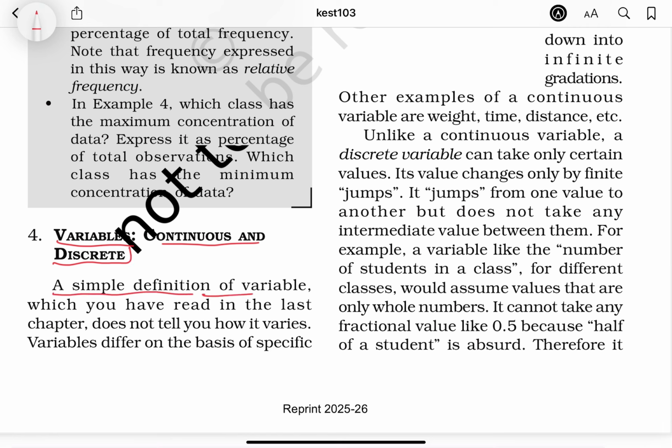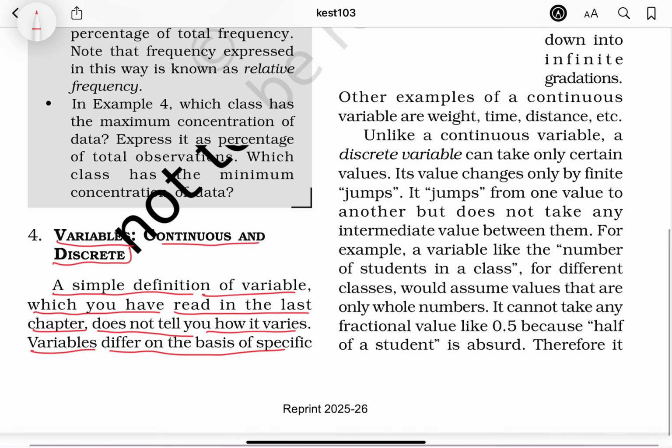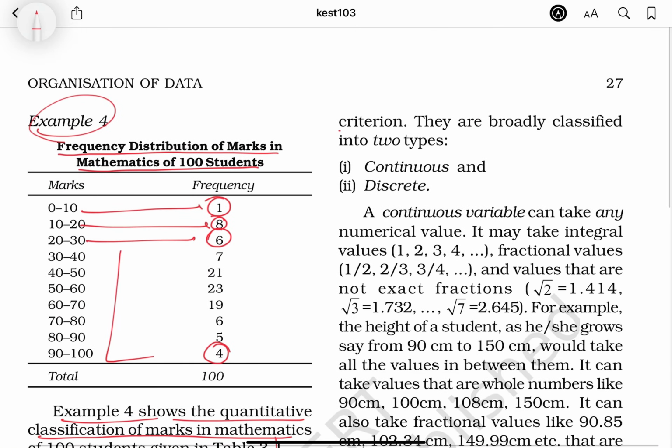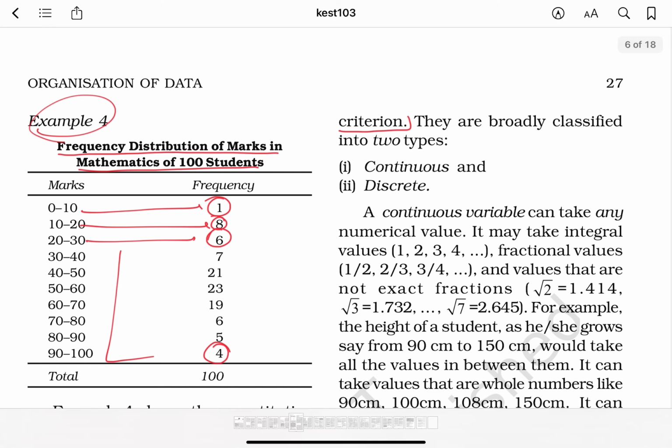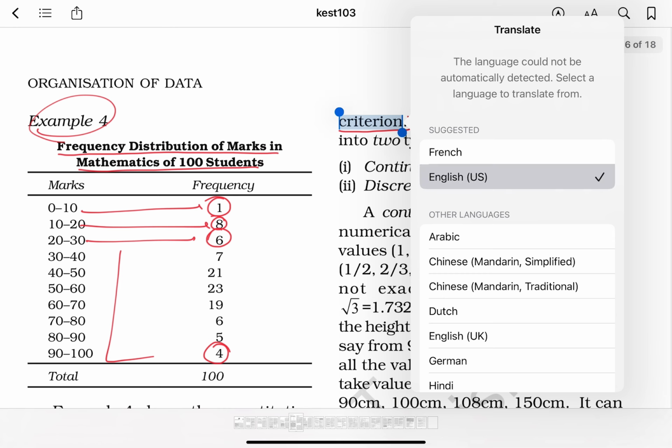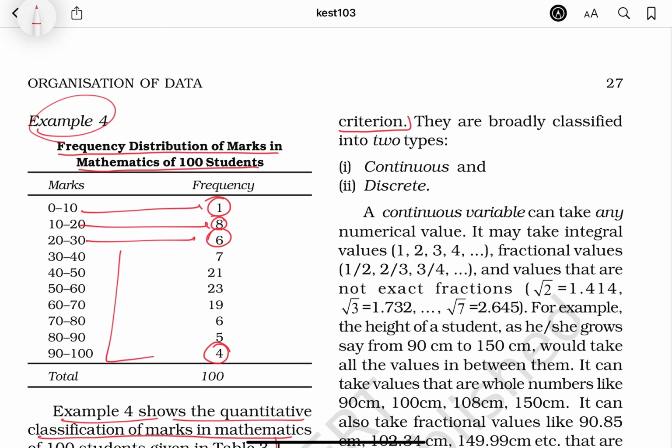A simple definition of a variable, which you have read in the last chapter, does not tell you how it varies. Variables differ on the basis of a specific criterion, a category. They are broadly classified into two types, continuous or discrete.